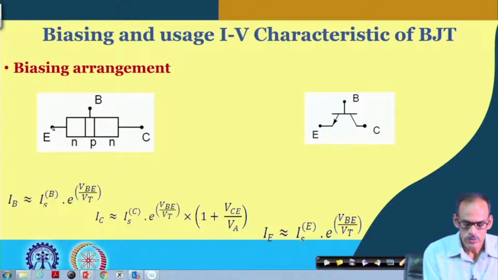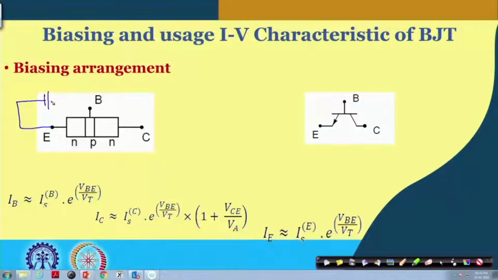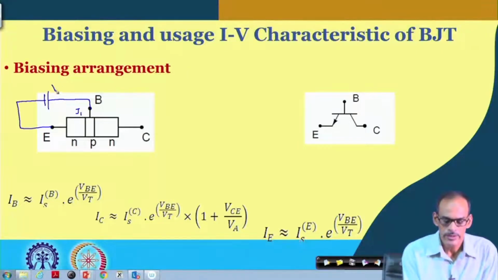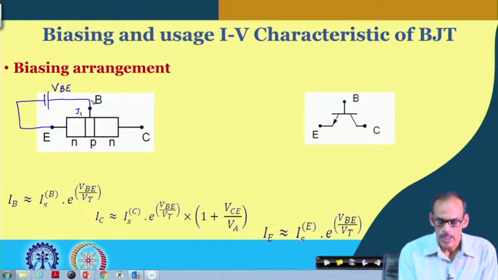The base emitter junction we like to make forward biased for the active region of operation of the device, or to be more precise, we like to keep junction 1 forward biased. So, J1 is forward biased by this voltage, base to emitter voltage, and the second junction may be reverse biased by VCB.